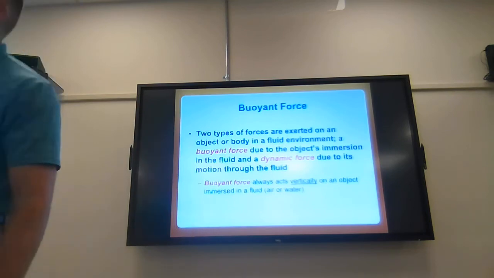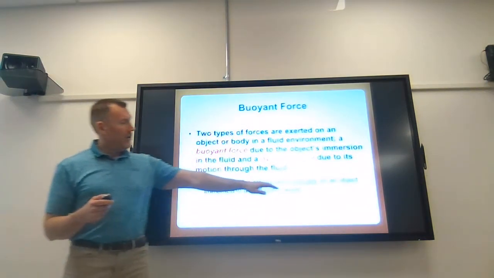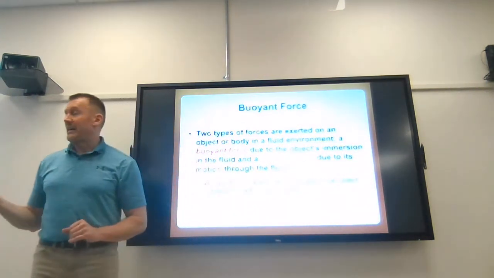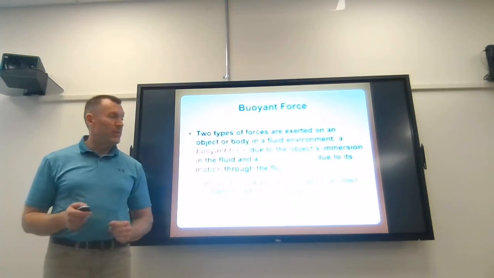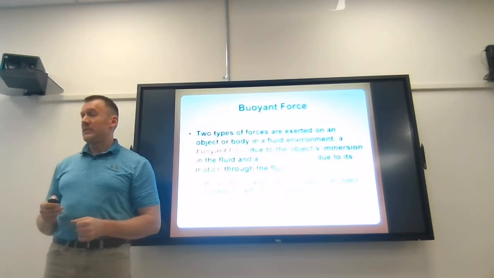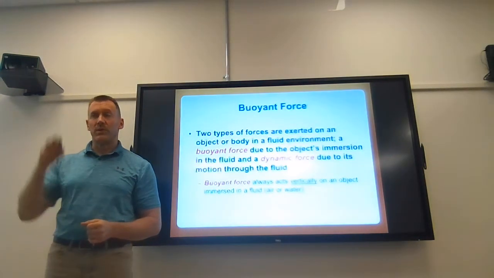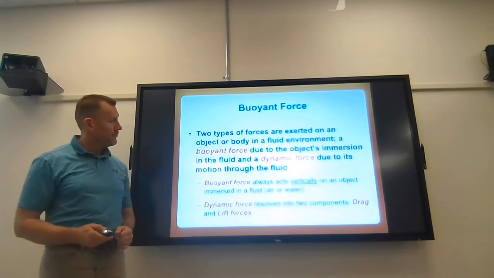A body or object immersed in air or water will have this vertical reactive force that's called a buoyant force. It always acts vertically, so it's in opposition to gravitational force that acts in the downward direction.